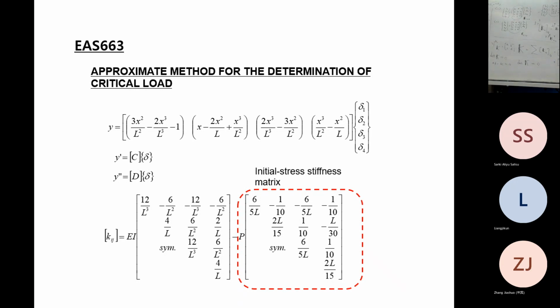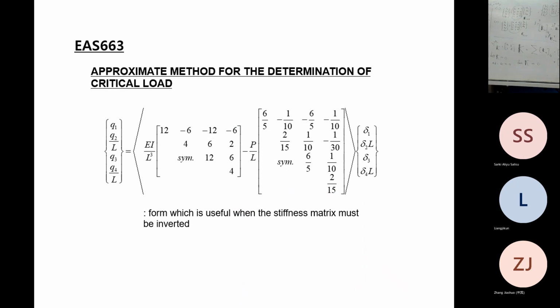Here also there is L. If the lengths are all the same, then it's okay. If the lengths are not the same, then you have to use the actual length of the element. This is one form of the equations. The other form of the equations, because it can be given also in this way.